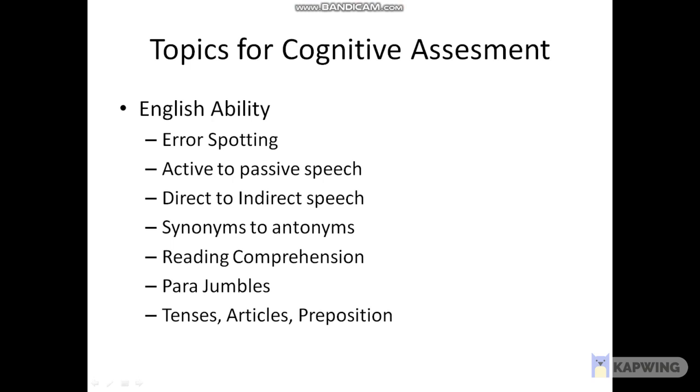Then reading comprehension, where they give you a big paragraph to read and answer questions. Next are paragraph jumbles, where you are given four sentences and have to find their correct order. Then tenses, articles, and prepositions.